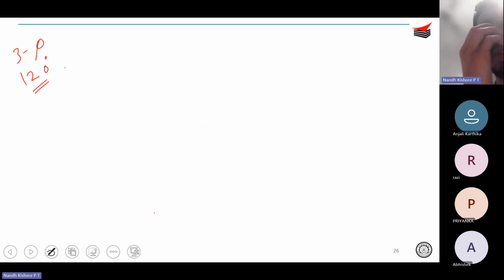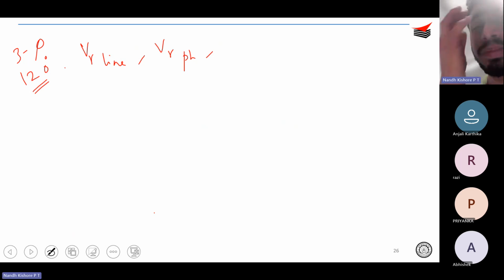In this, we found out the RMS value of the line voltage, RMS value of the phase voltage, and then the power delivered to the load, correct?